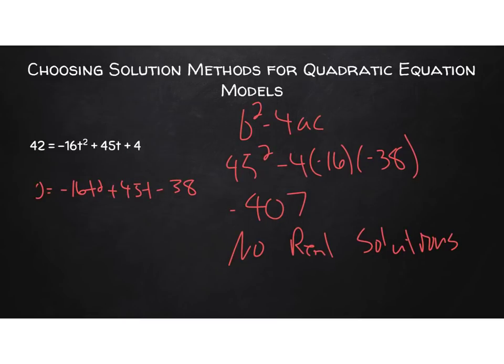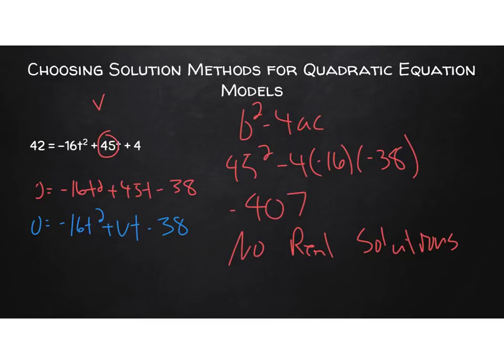We know our velocity is not going to get it there, so what we're going to do is replace our velocity here, which was 45t, with v because it's an unknown now. So then we get 0 equals negative 16t squared plus v of t minus 38. We want to solve for that velocity.